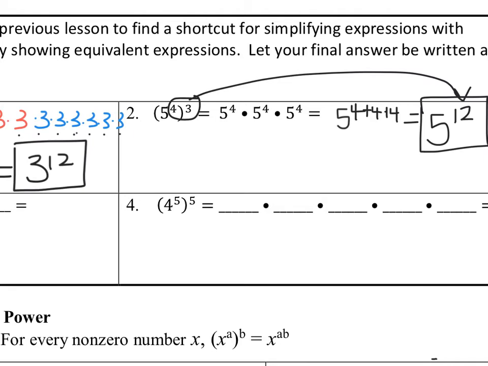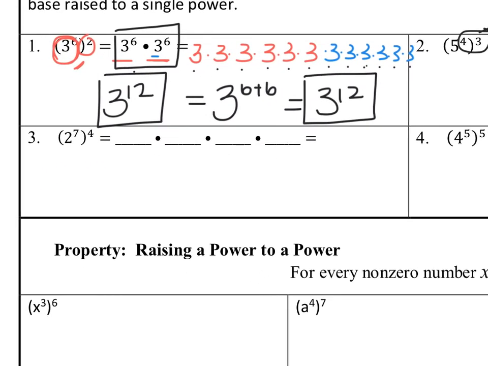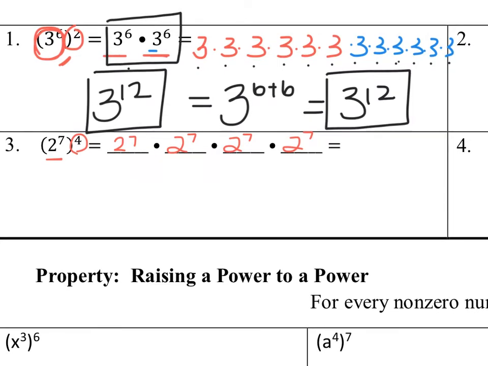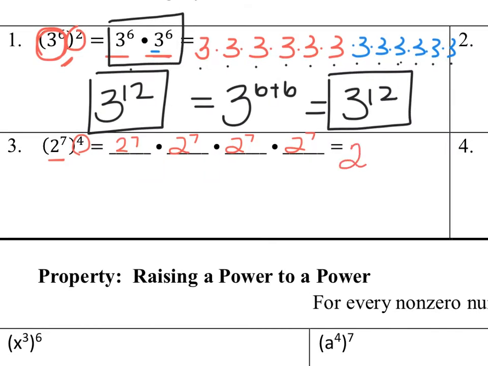So let's go ahead and do example number 3. Example number 3 is 2 to the 7th to the 4th power. So that means I need 2 to the 7th 4 times. So it's 2 to the 7th times 2 to the 7th times 2 to the 7th times 2 to the 7th. So we're going to keep our base, and that's 2, and we have 1, 2, 3, 4 sevens.